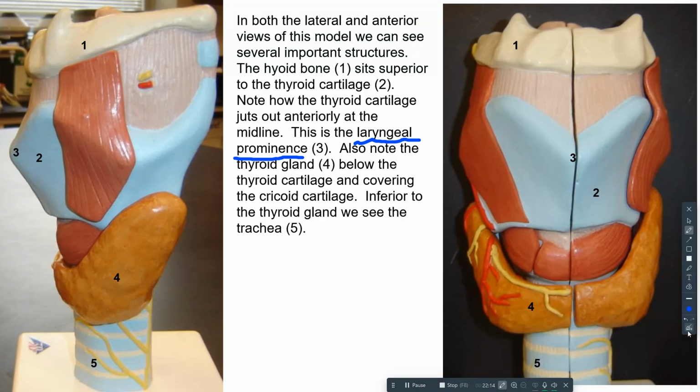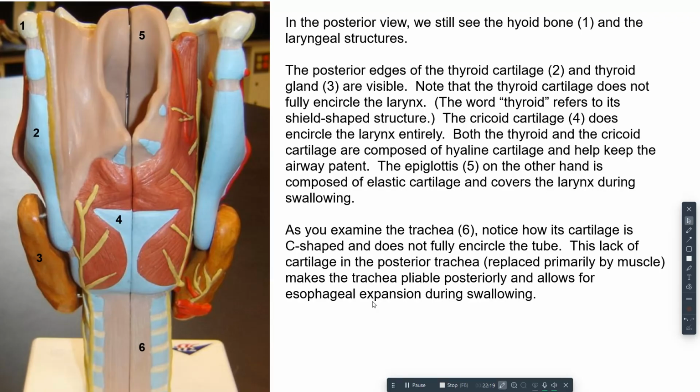All right, let's open this larynx model up. No, let's flip him around first. If I flip him around, I see the hyoid bone in the back. Notice the hyoid bone is not a ring. It doesn't encircle the whole thing. I see the thyroid cartilage in the back as well, but it doesn't connect in the back.